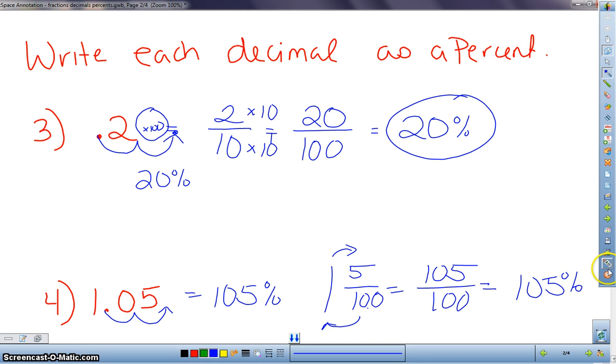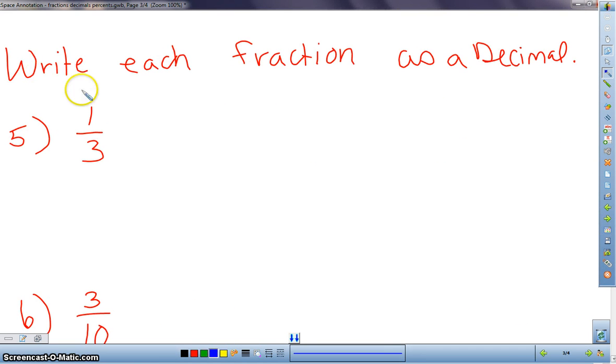Okay? Next, we're going to talk about writing fractions as decimals. Now, a fraction to a decimal, the only way you can really do it is by dividing. So for 1/3, I'm going to take my numerator of 1, and I'm going to divide it by 3. Now this may be one you already know. 3 can't go into 1, so add a decimal and a 0 if you wish. 3 goes into 10 3 times.